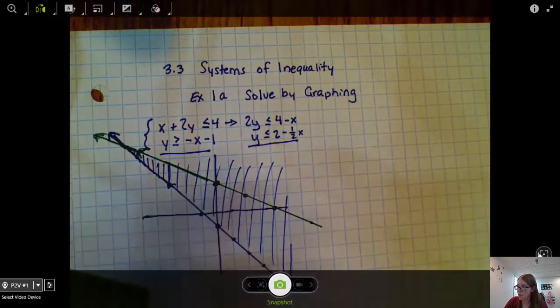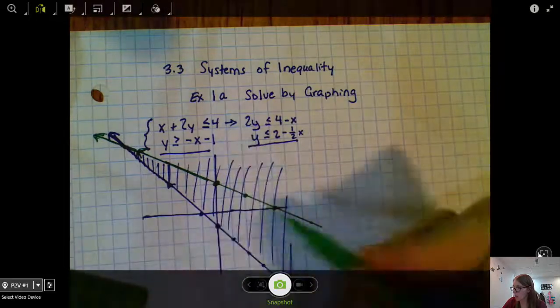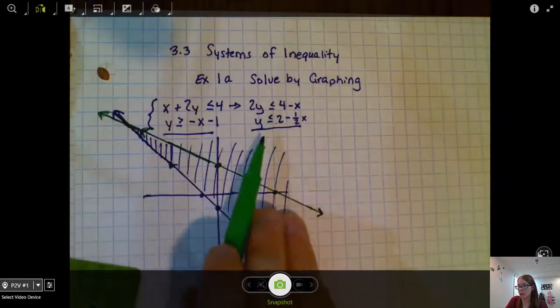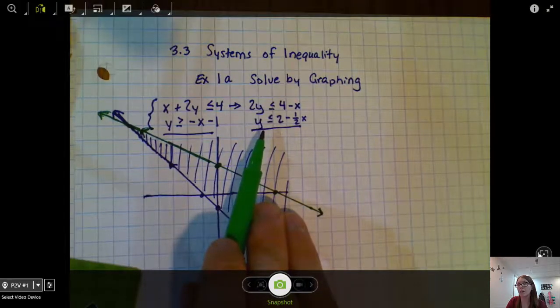Now my green symbol is less than or equal to. So for this inequality, the solution is any point that's below that line.